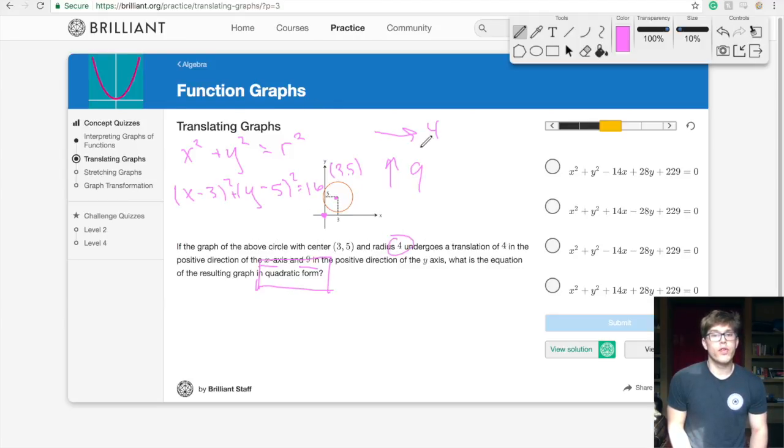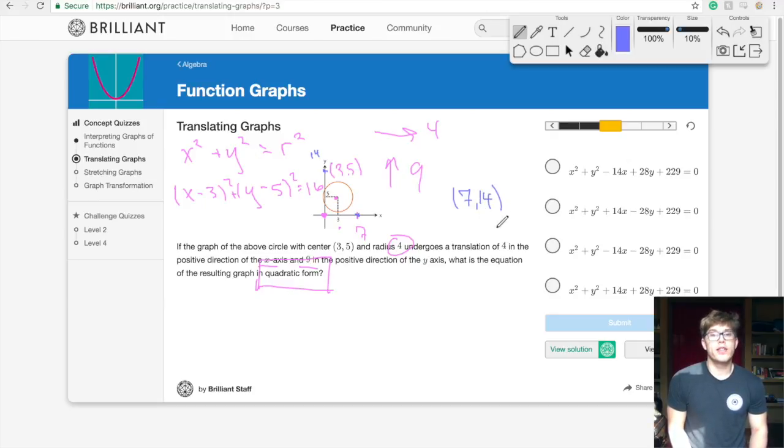Now if we go over 4 units to the right and up 9 units, how will this change? Well, if we go over 4 more, we'll be at 7. And if we go up 9 more, we'll be at 14. So here we're at 7 and 14. So our new central coordinate will be 7, 14.